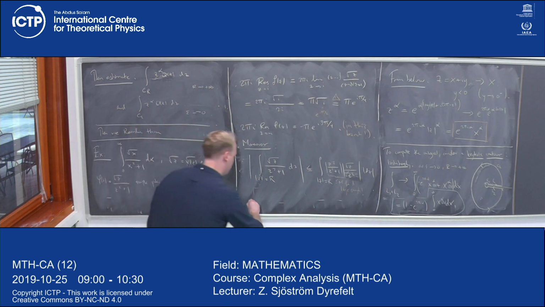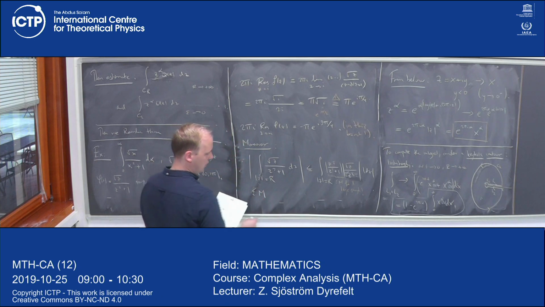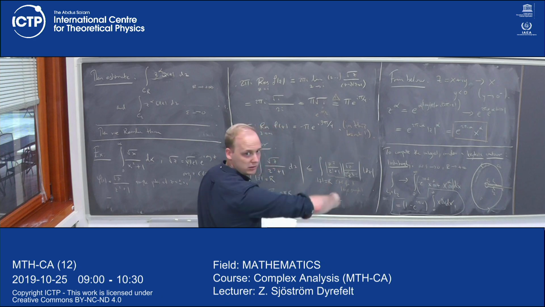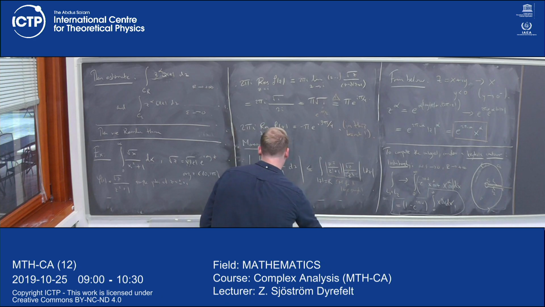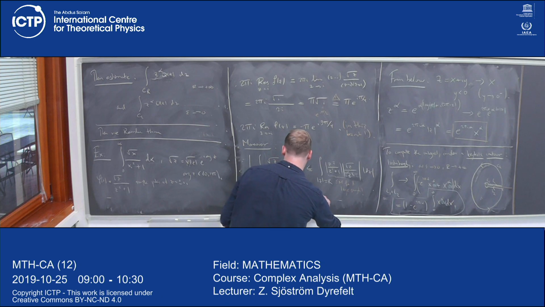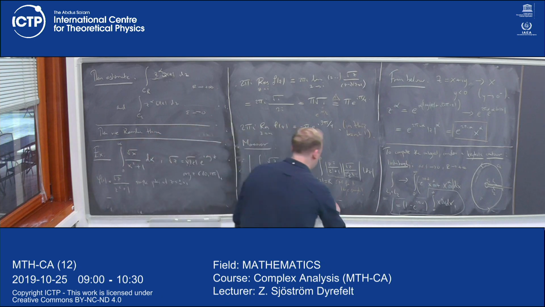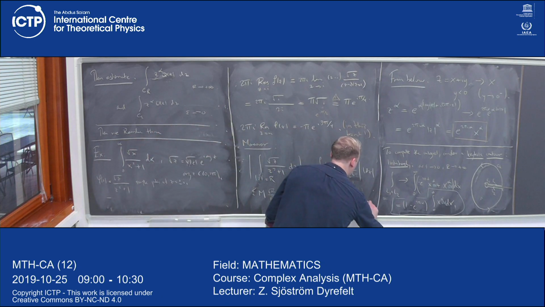So then we get that this is less than or equal to M times square root of R over R squared, and then the length of this whole thing, which is 2 pi R. Because it was a full circle now, so it's 2 pi R. And this is equal to M over square root of R times 2 pi. Anyway, this goes to 0 as R goes to plus infinity.